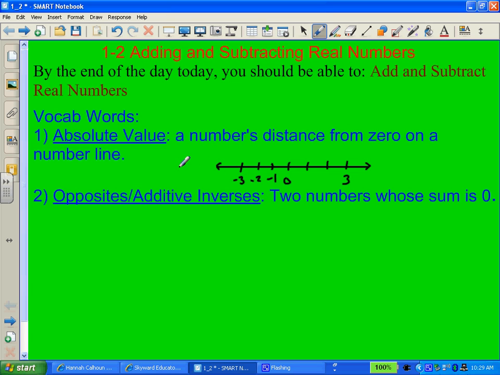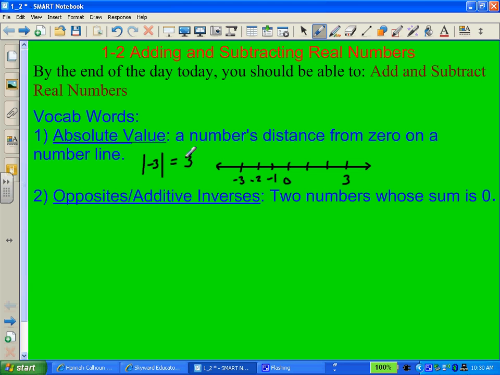So absolute value just makes numbers positive. And the symbol for absolute value is 2 straight lines like this. So if I wanted the absolute value of -3, that's what that would look like. And we know that its absolute value is +3. So absolute value just changes numbers from negative to positive, essentially. And its definition is a number's distance from 0.